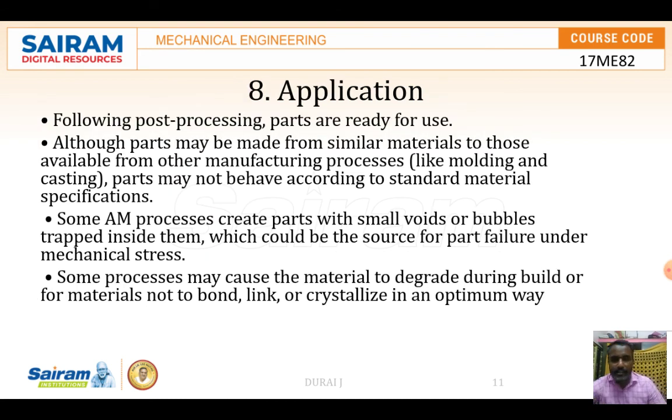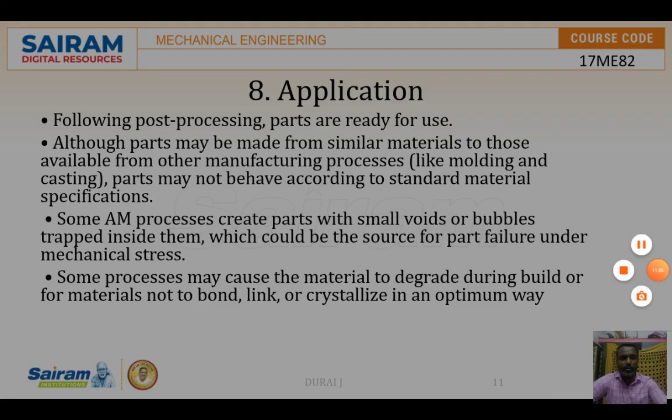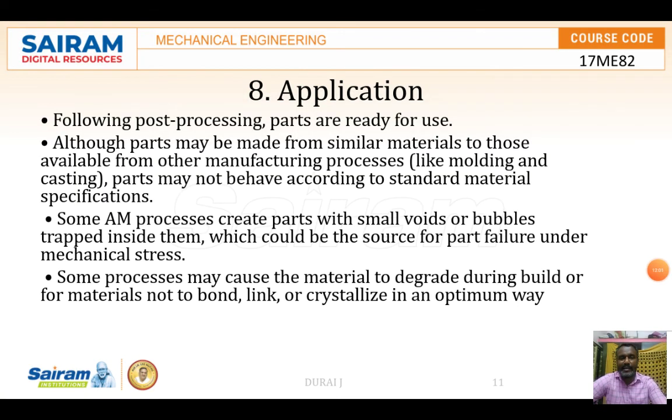Then finally comes the application. In the application, the component is ready to use, and the components may be made from similar material to those available from other manufacturing processes. Parts may not behave according to the standard material specification. Some of the AM process parts are created with small voids or bubbles trapped inside them, which could be a source of part failure under mechanical stress.